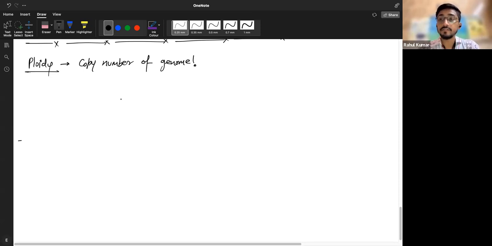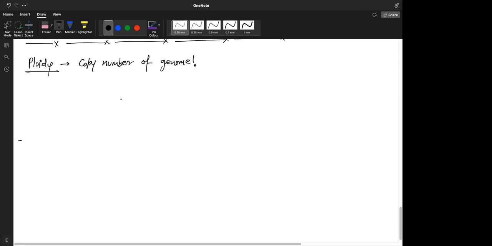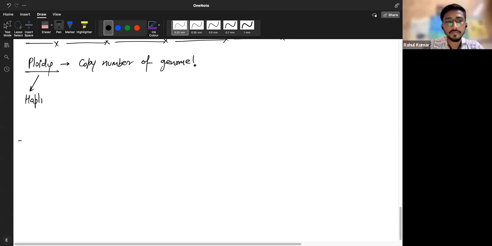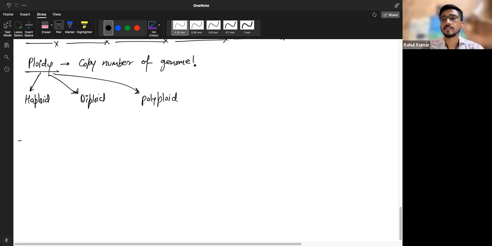Every organism has a different number of chromosomes. How many chromosomes do humans have? 46. So ploidy can either be haploid, or diploid, or polyploid, like triploid or tetraploid. The word di means 2.